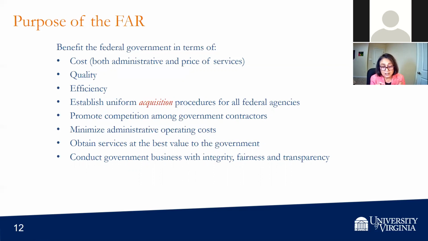So this is what we have in our purchasing policies. So this is kind of purchasing policies for the federal government. And also there is one particular FAR clause that actually incorporates the uniform guidance for federal contracts.